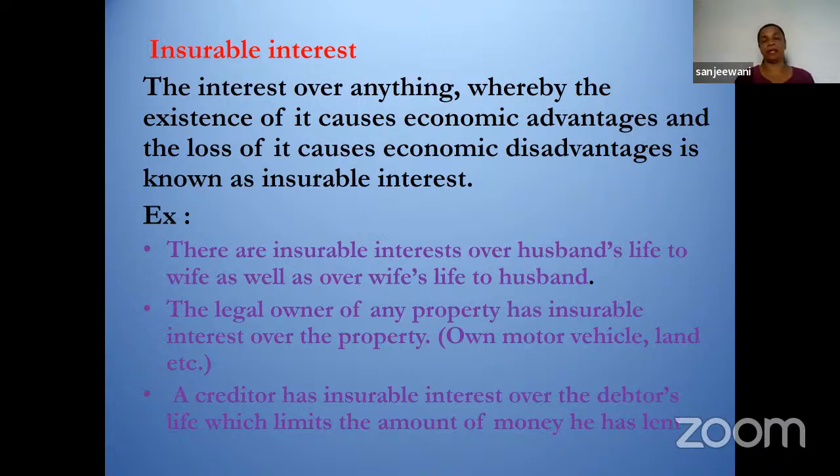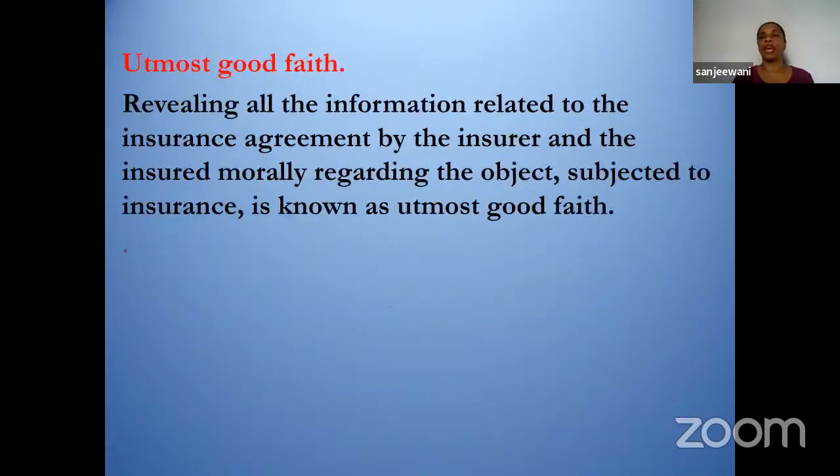Then the second principle, utmost good faith. The first principle we have discussed; the second one is utmost good faith. What do you mean by utmost good faith? You, as the person obtaining the insurance coverage, need to disclose everything, such as whether you have bad health habits, eating habits, and all these things.